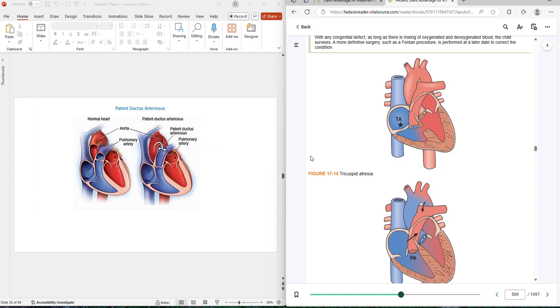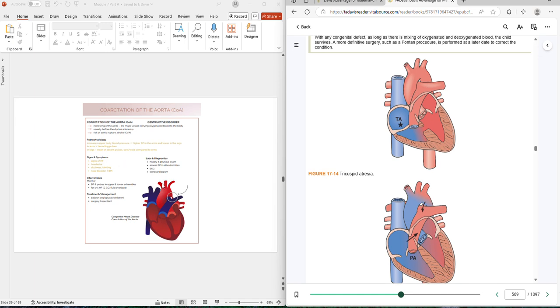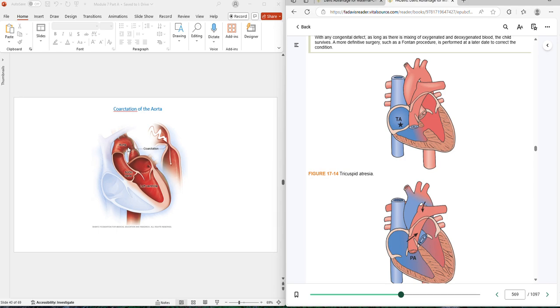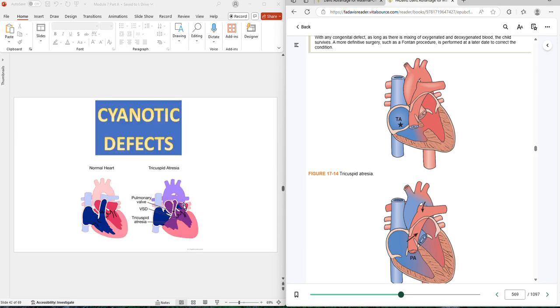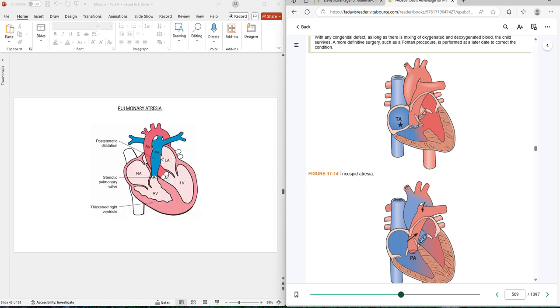And remember, this is what's keeping this tricuspid atresia baby alive. And the coarctation here, so that narrowing. Pulmonary stenosis, you have that tight valve, okay, and then the cyanotic. So this is tricuspid atresia. It cannot flow. And then the pulmonary atresia, okay.